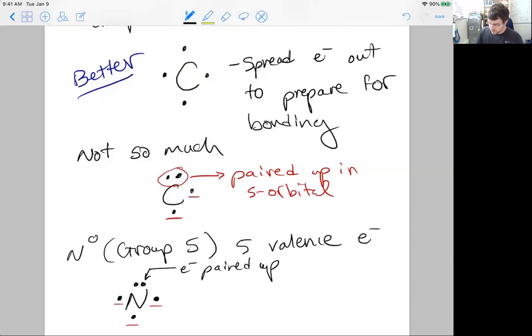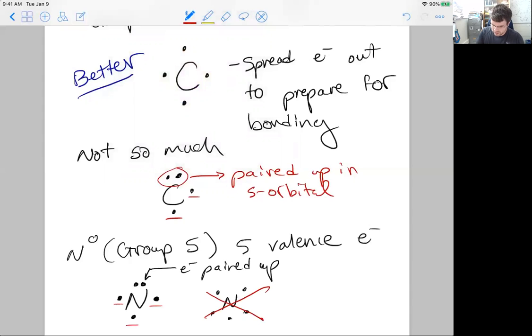Okay. Some alternatives you could think about, something like this, where we've got electrons spread out as much as possible.